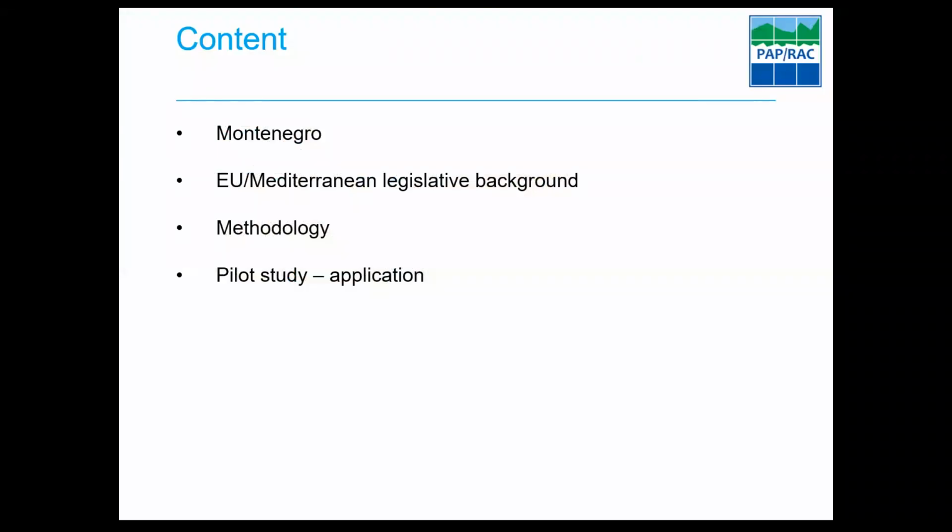First, a few sentences about Montenegro and the legislative background, which is the inspiration for this methodology. I will not go into many details of it. Then the methodological approach and how it was tested in Montenegro.